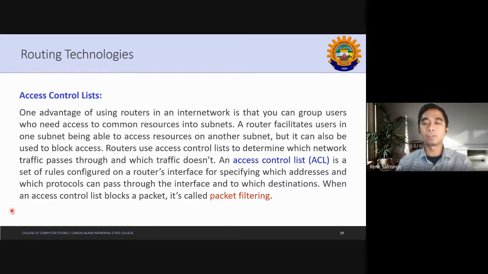An access control list is a set of rules configured on a router interface for specifying which addresses and which protocols can pass through the interface and to which destinations. When an access control list blocks a packet, it's called packet filtering.